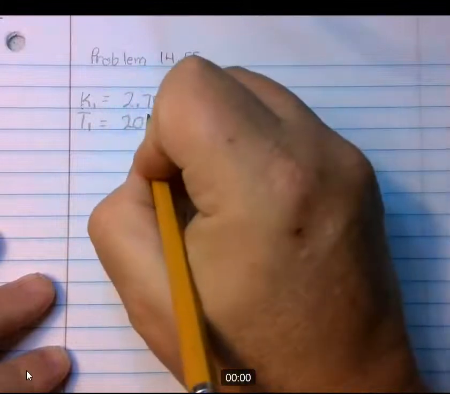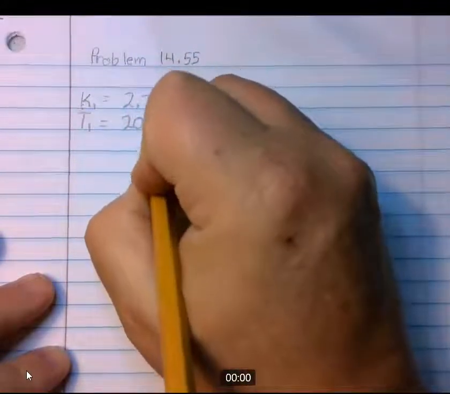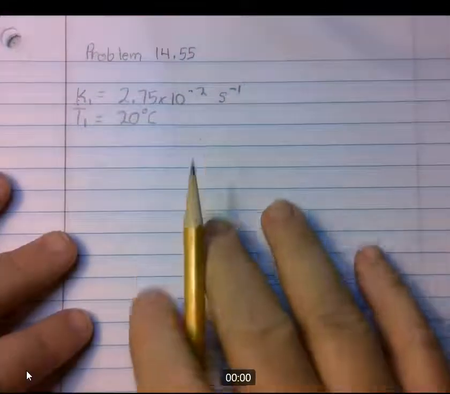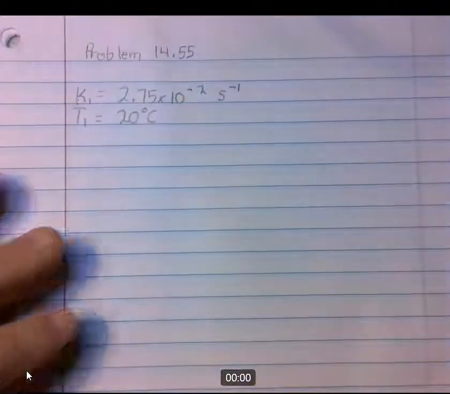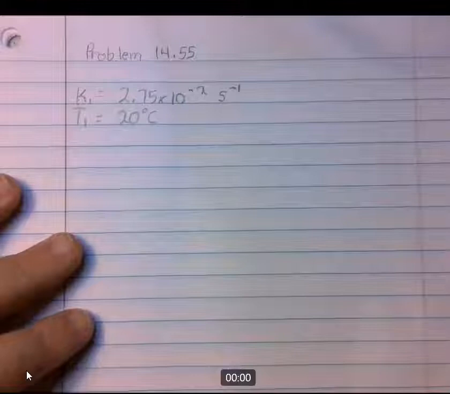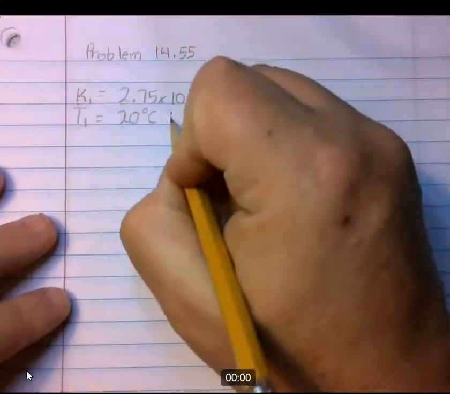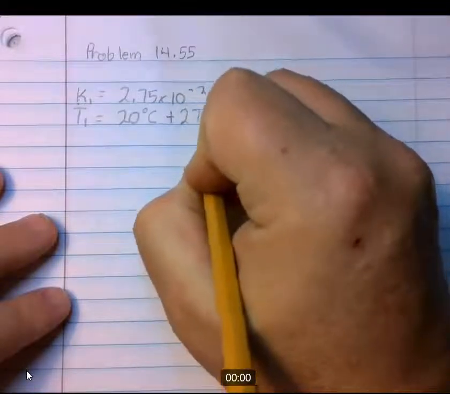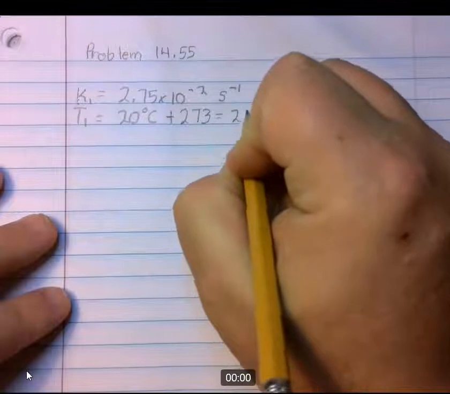Now we're going to convert that immediately into Kelvin. Always play it safe and convert everything into Kelvin. Sometimes you need to, sometimes you don't. It's really just kind of experience when you do and don't need to. In this case, we're going to add 273 to that. And that gives us 293 Kelvin.